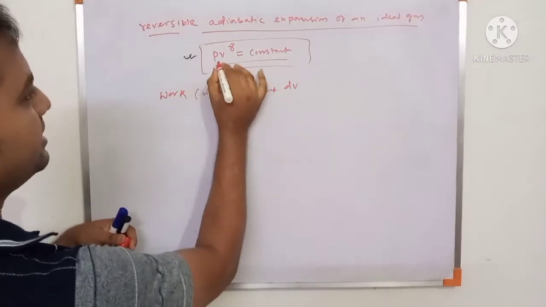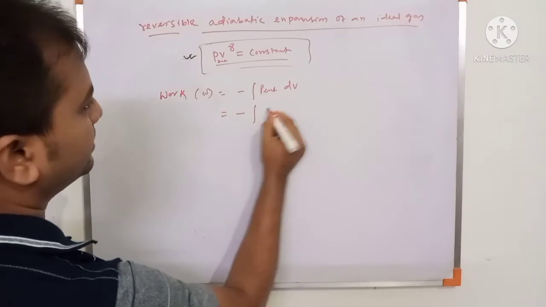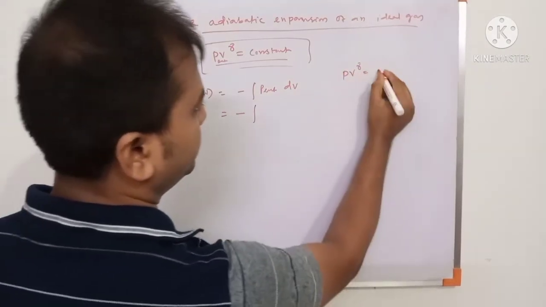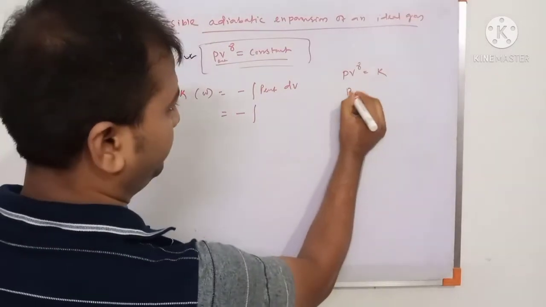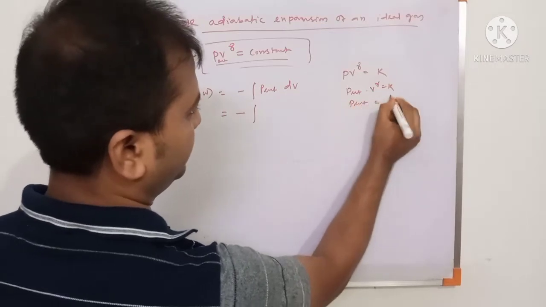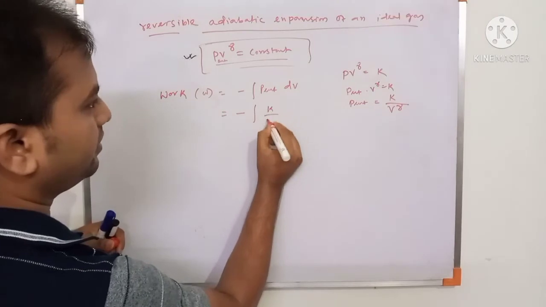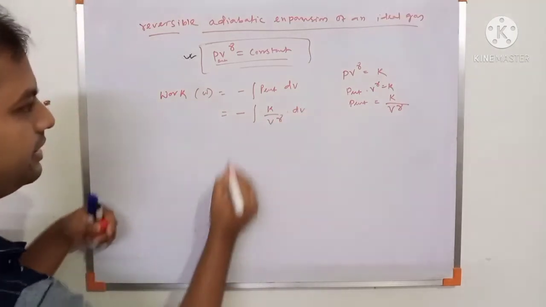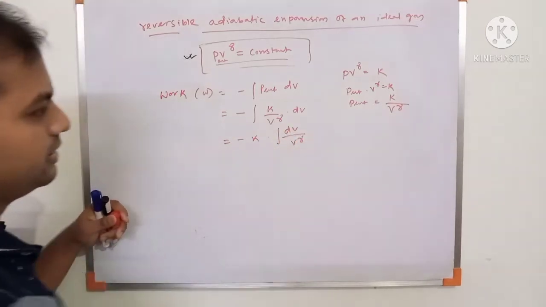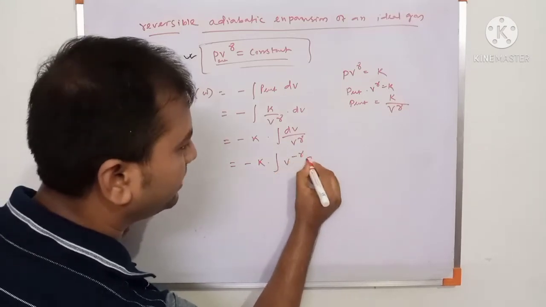Suppose P external, so P V to the power gamma equal to constant, say K. So P external into V to the power gamma equal to K, so P external equal to K by V to the power gamma. Substitute this value: minus K into dV by V to the power gamma equal to minus K into V to the power minus gamma into dV.